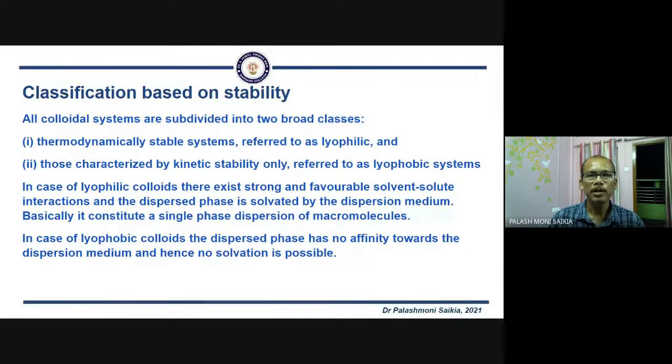That means in their dispersed state, they have lower free energy than in the coagulated state. So they prefer to stay in the dispersed phase. And we know lyophilic systems like proteins, which are biologically active molecules, always prefer to stay in the colloidal state. Why? Because they are thermodynamically stable. But what about the other systems, the lyophobic systems? They are kinetically stable.